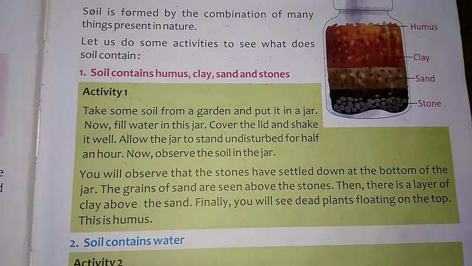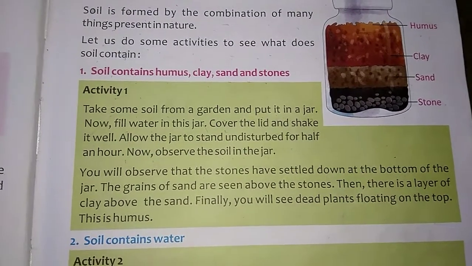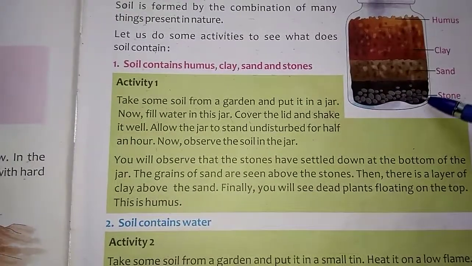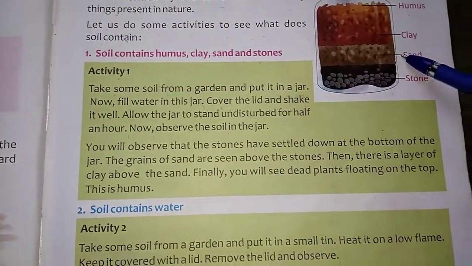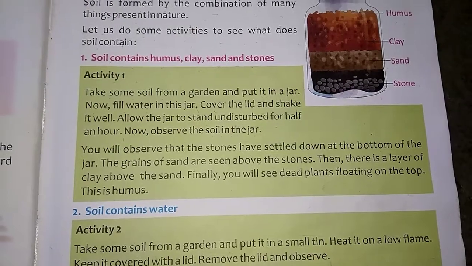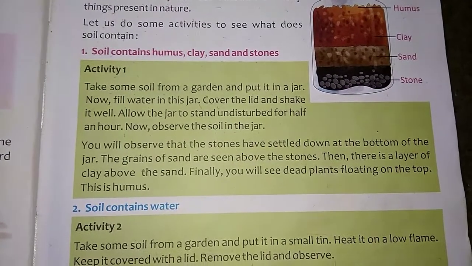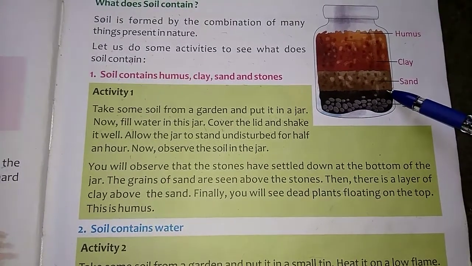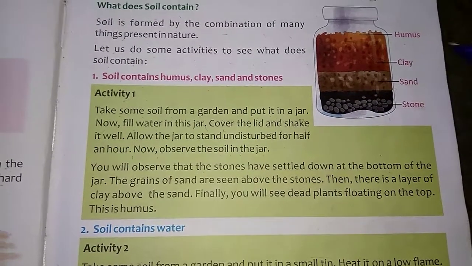The grains of sand are seen above the stone. Here big stones are there, up of this sand is there. Then there is a layer of clay above the sand.